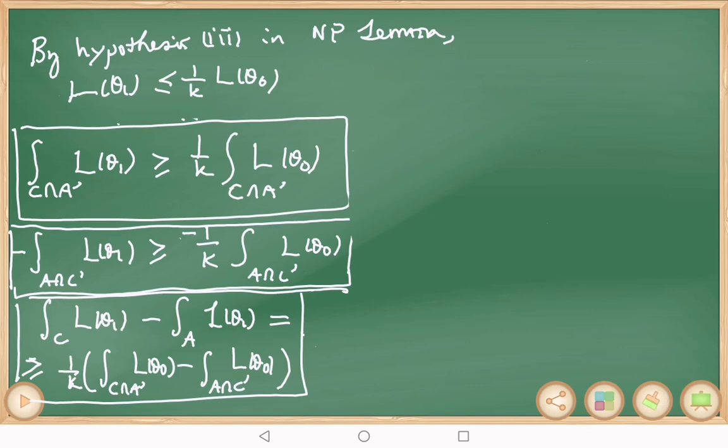Right, now from here, we're going to look at the integral. Just forget about the constant here. We're going to look at the difference between the two integrals. So we can write it as follows: C intersect A prime.